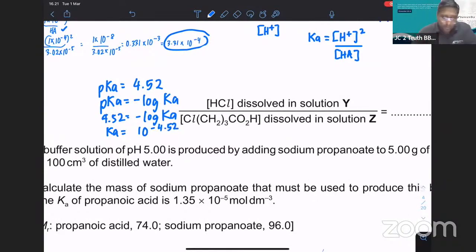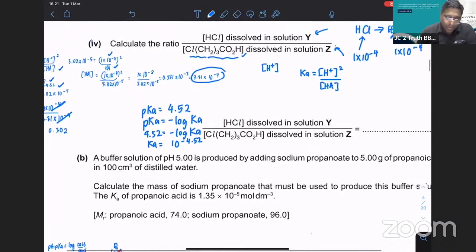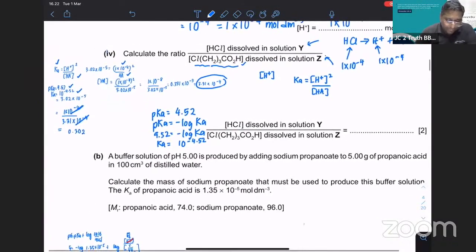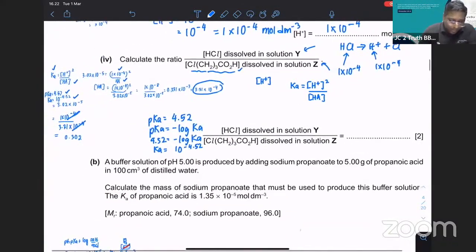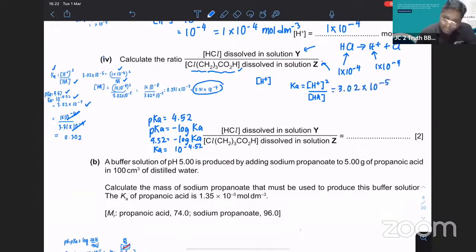If you calculate that, the value is going to be 3.02 times 10 to the power of negative 5. So I'll just put 3.02 times 10 to the power of negative 5.